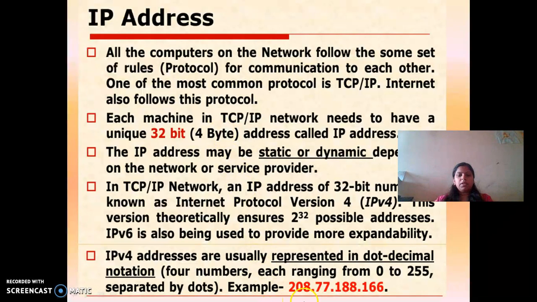These 4 bytes will be separated by dots. Each byte will range from 0 to 255. There are two versions, IPv4 and IPv6. IPv4 uses a 32-bit number representation, IPv6 uses a 128-bit representation. This IP address can be statically or dynamically assigned by the ISP.